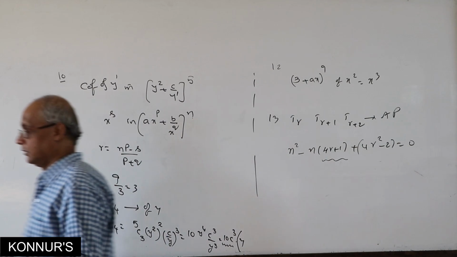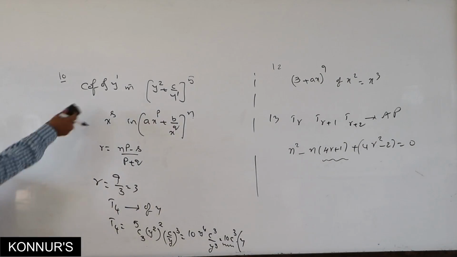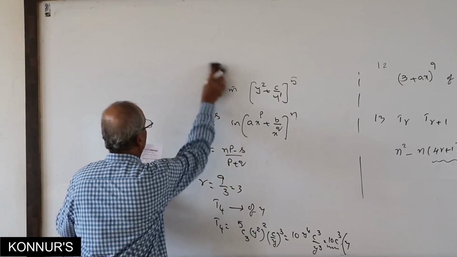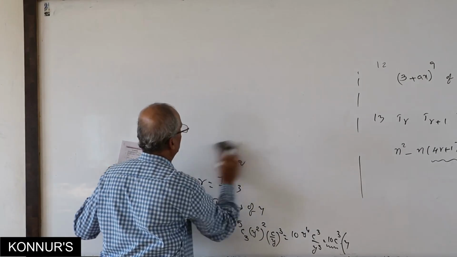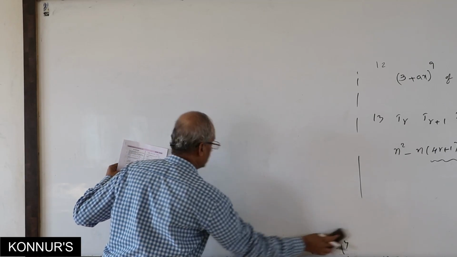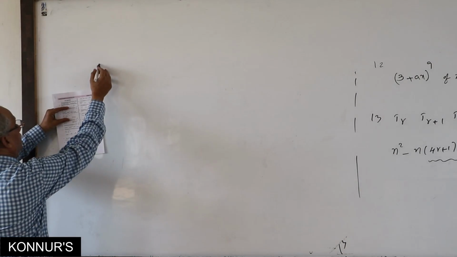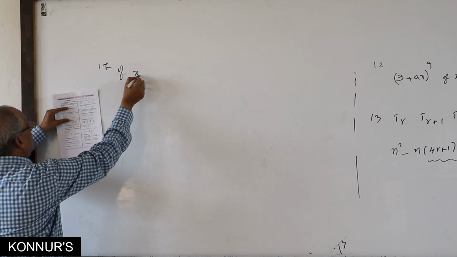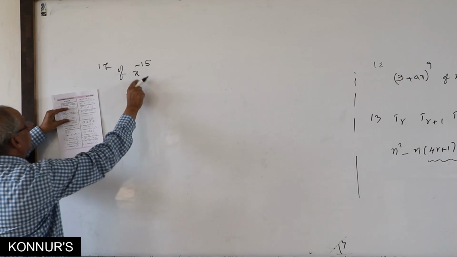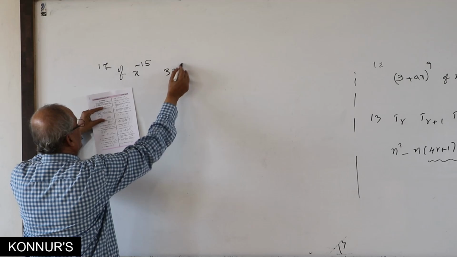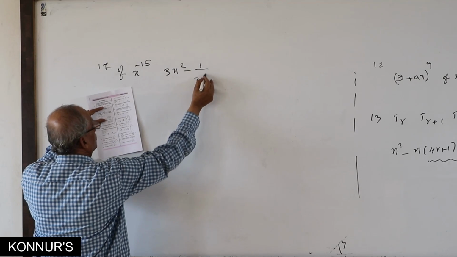Now the 17th. Because in between both are the same model exactly, you practice that. One concept is the same but the terms are different, so I select the 17th here. Find the coefficient of x power minus 15, negative, in the problem (3x square, 1 by 3x cube).